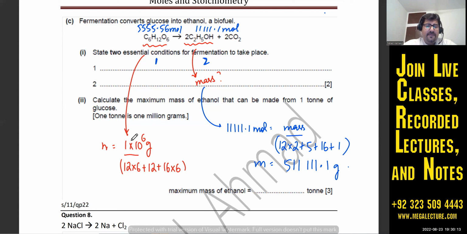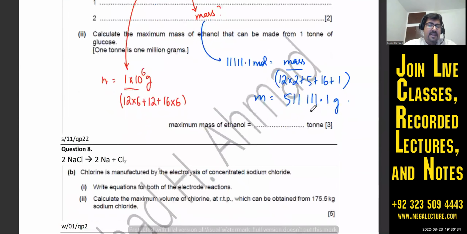You got the mass of glucose, which was 1 ton. You divide by MR, you figure out the moles, and it came out to be this one. The ratio laga ke you figure out the moles of this thing. That's 1:2, so it's going to be double the amount. So the moles got doubled. You get twice the amount. Once you had the moles, you did mass over molar mass, and you were able to figure out the mass of this thing. But they're asking for the answer in tons, not in grams.